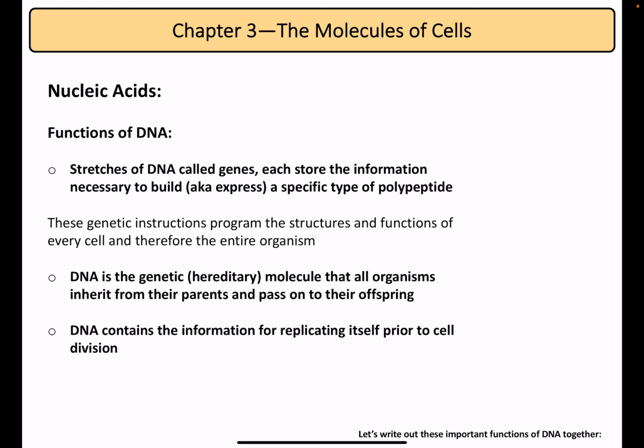So using it to store the information for building the various proteins in your species, in your body. So remember, we said there's all different types of proteins. You've got all these enzymes, you have all these membrane transport proteins, you have hormones, you have receptors, you have movement proteins. How did you just magically know how to build all that from scratch?